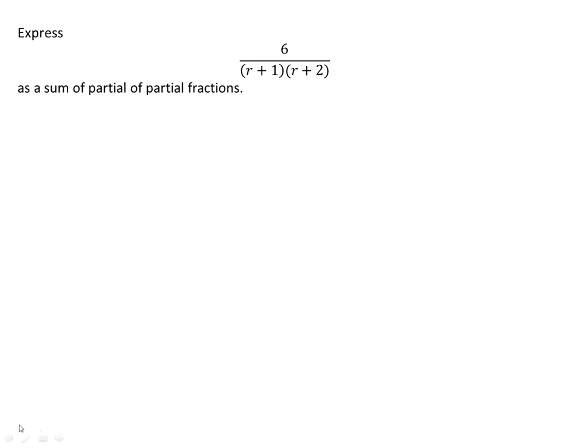So concentrating on the first part to begin with, we've got to express 6 divided by (r plus 1) times (r plus 2) as a sum of partial fractions. Now if you've not met partial fractions before, you need to ask at this stage your teacher to give you access to the video on partial fractions, which is in the Mathematics Unit 3 set of videos.